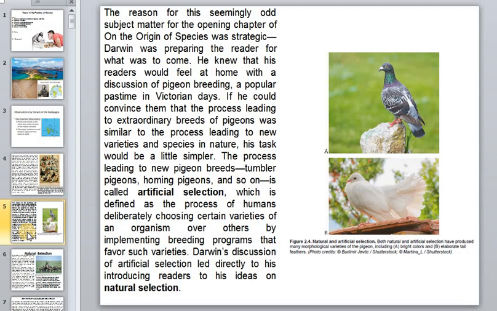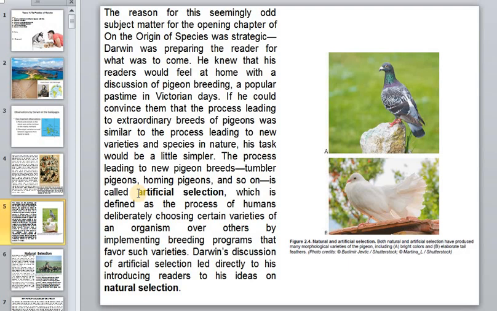And the process leading to new pigeon breeds, like the tumbler pigeon, homing pigeon, and so on, is called artificial selection, which is defined as the process of humans deliberately choosing certain varieties of an organism over others by implementing breeding programs that favor such varieties.